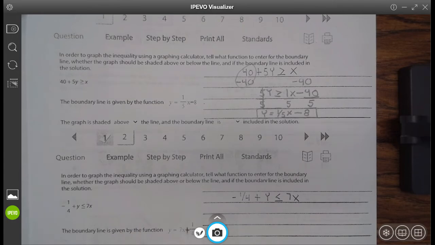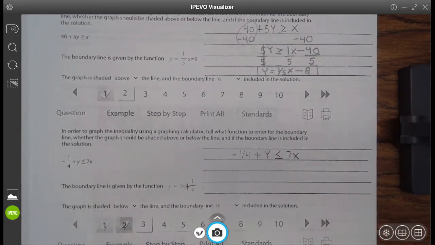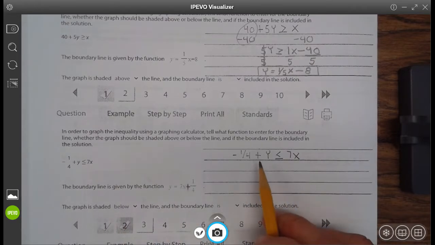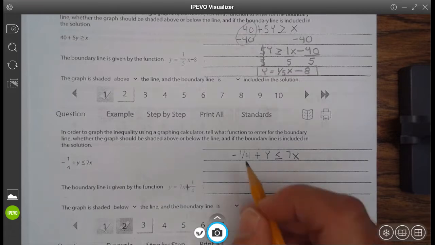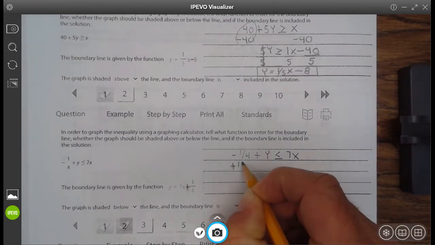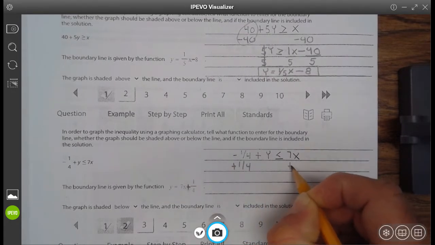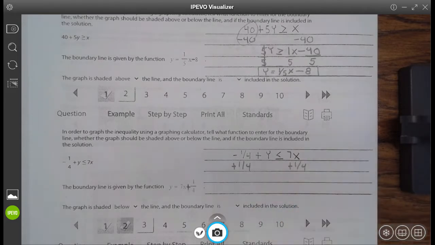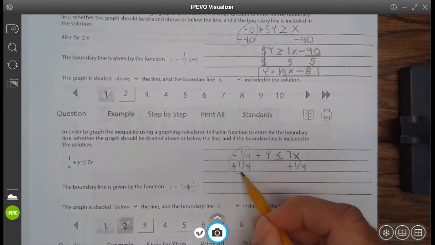All right. In order to graph the inequality using a graphing calculator, tell whether the function to enter for the boundary line, whether the graph should be shaded above or below the line, and if the boundary line is included in the solution. All right, so first thing we do is solve for y. So we're going to add 1/4 to both sides. Negative 1/4 and 1/4 is 0.